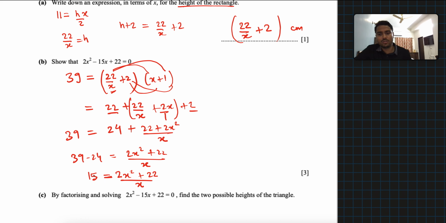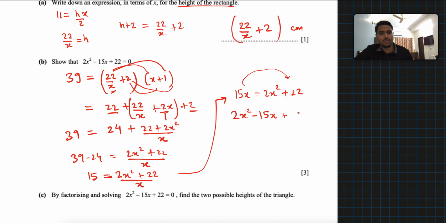This x will go and multiply with 15, so we get 15x equals 2x square plus 22. Transpose 15x this side, so we can write 2x square minus 15x plus 22 equals 0, and this is what we had to show.